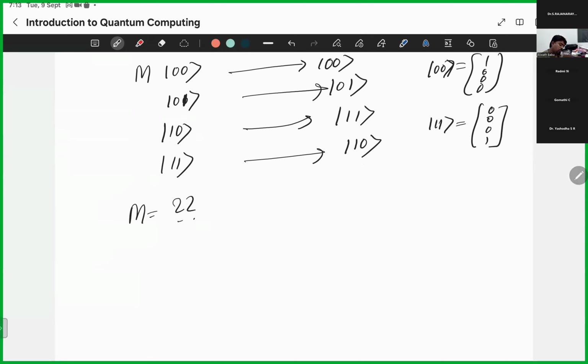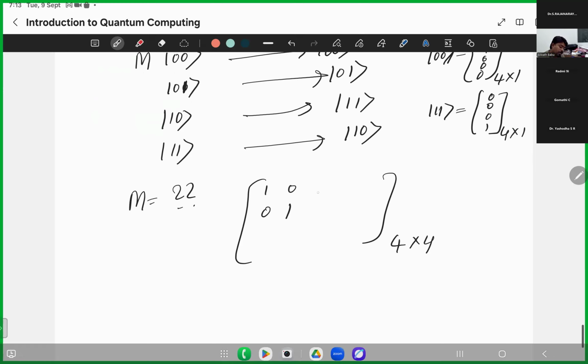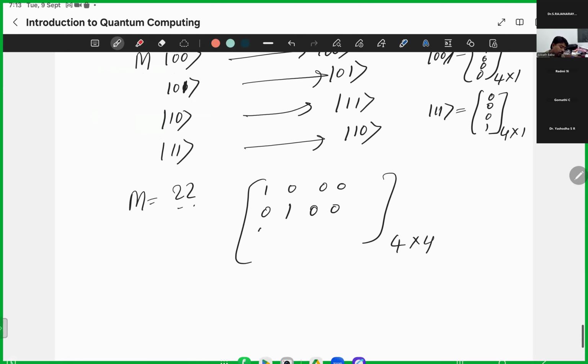M should not do anything for the control. Obviously these are 4 by 1 matrices, so M is 4 by 4. There should not be any effect on the control qubit, so I'll put an identity, and nothing else on the second and third quadrants, and an X gate on the fourth quadrant.